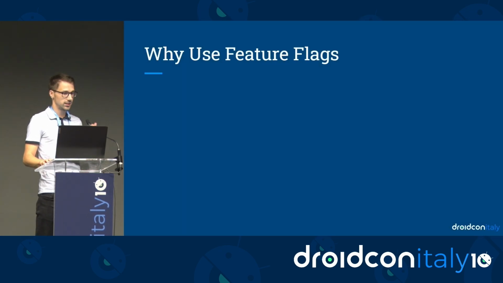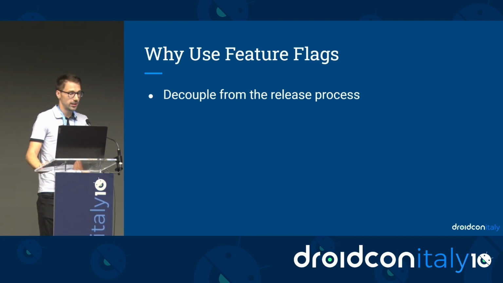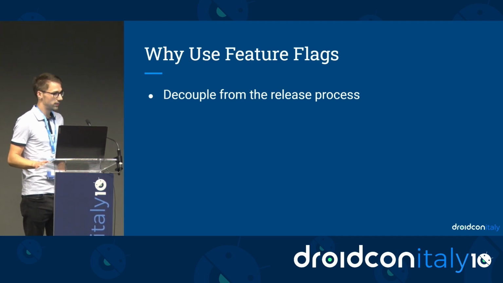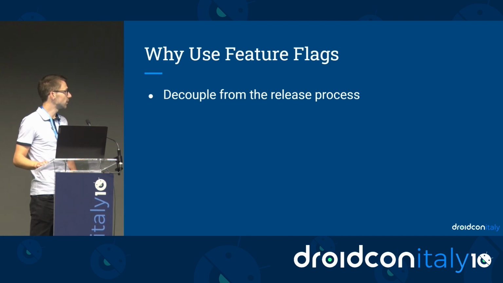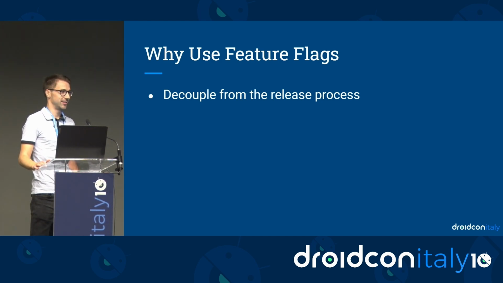And with this, I also mentioned right now. What feature flags help us do is, first of all, it decouples us from the release process. Let's say you're working on a feature with iOS. You are ahead of iOS, as usually the case is, for a few weeks, but the requirement from product or from wherever is that you release together at the same time.